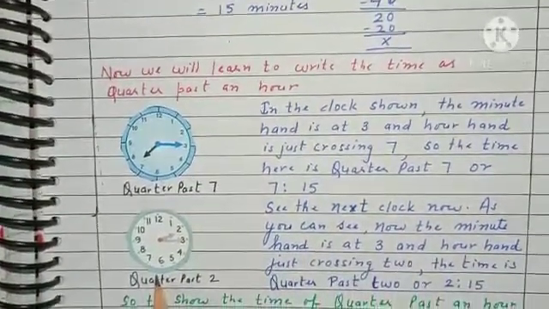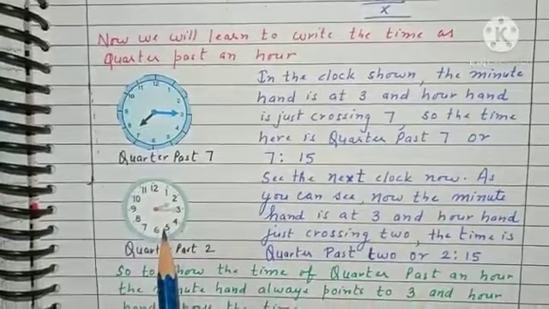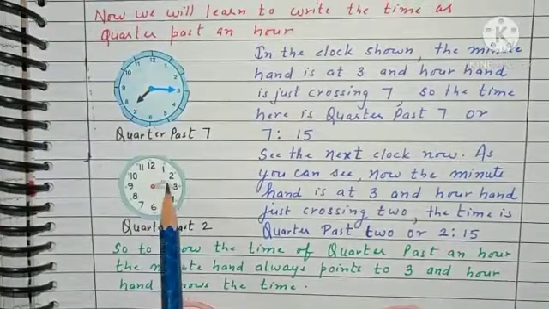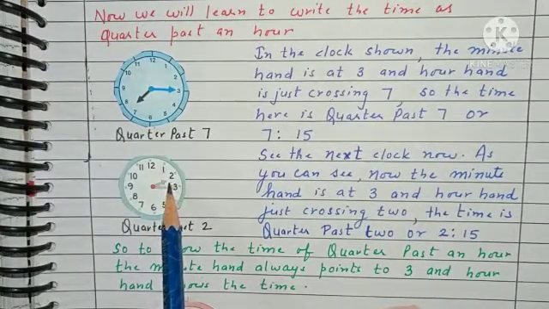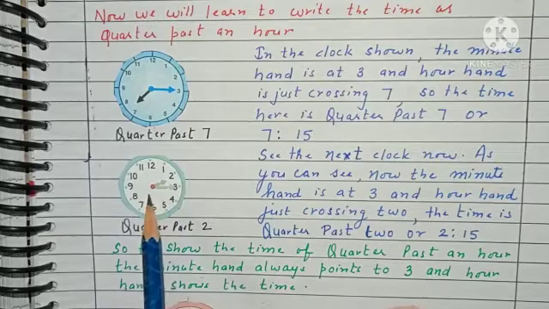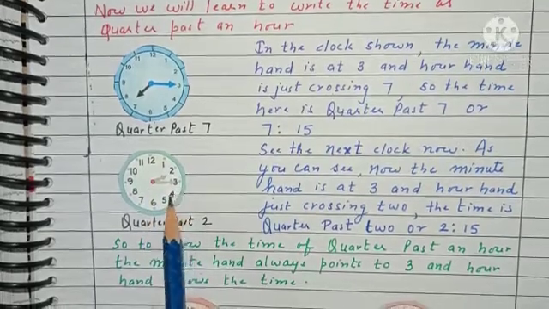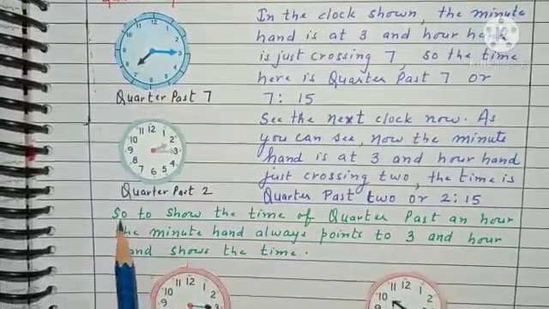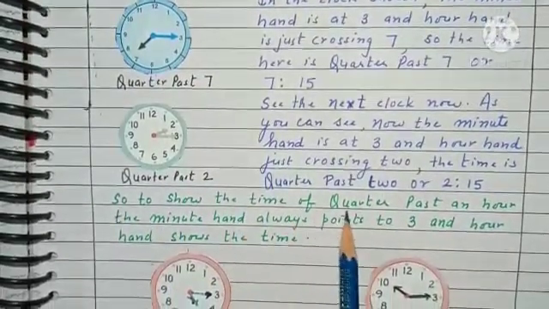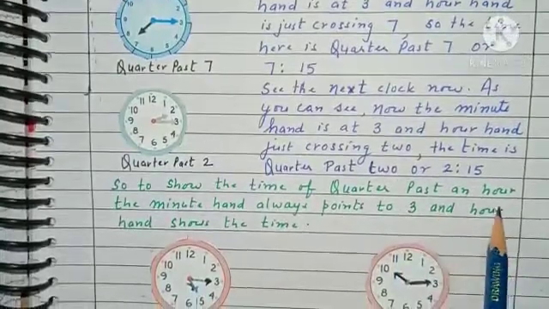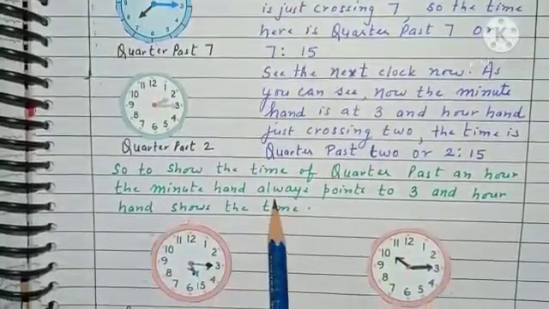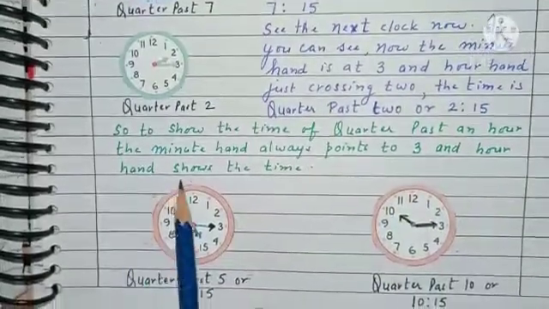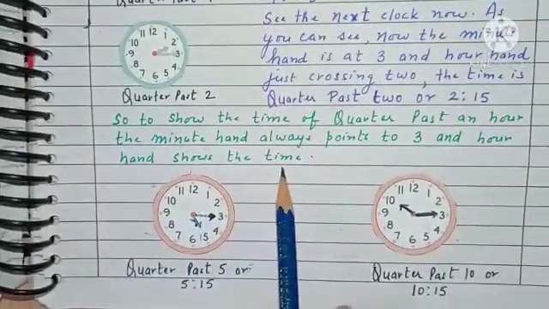As you can see, now the minute hand is at 3 and the hour hand is just crossing 2. So the time here is quarter past 2 or 2:15. So to show the time of quarter past an hour, the minute hand always points to number 3 and the hour hand shows the time, that is the hour.